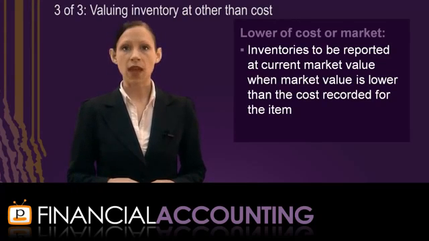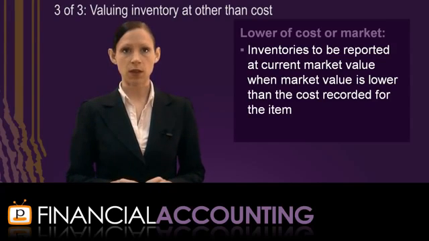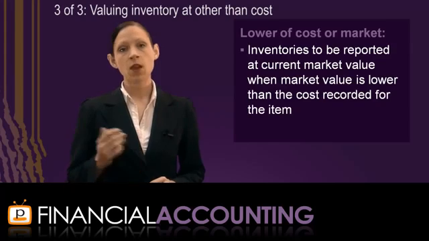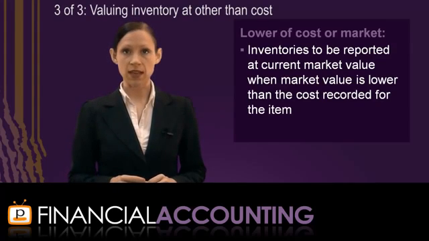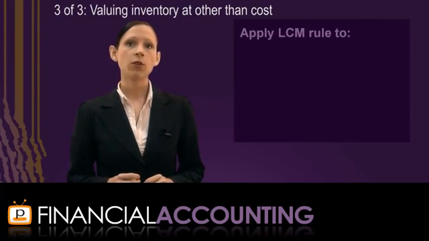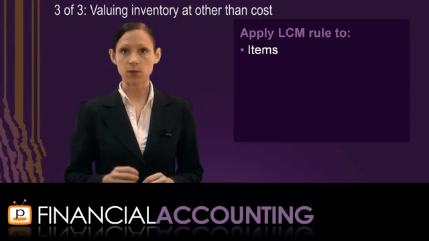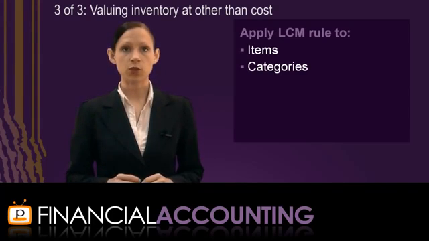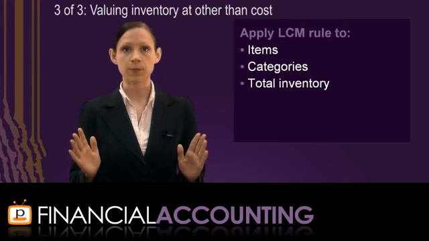Rather than focusing on how to identify the market value of the item, let's focus on how to use the market value of an item when applying the lower of cost or market rule. When calculating the value to be reported in ending inventory, we can apply the lower of cost or market rule to individual items of inventory, categories of inventory, or the entire balance of inventory.